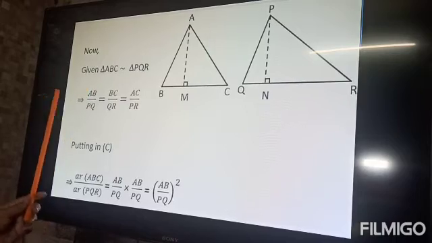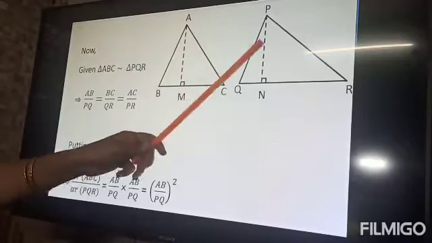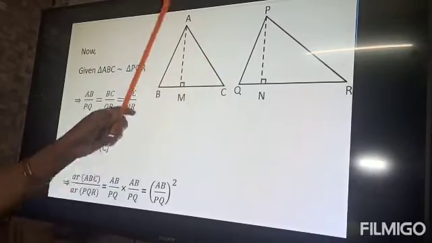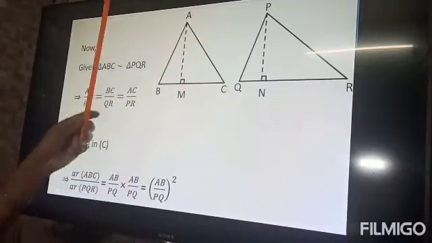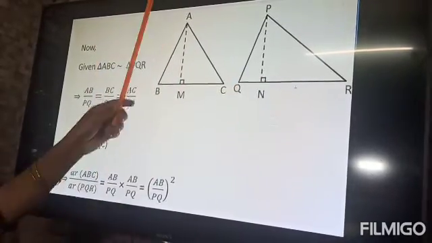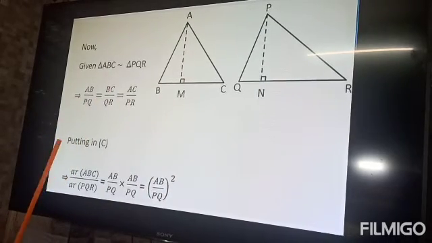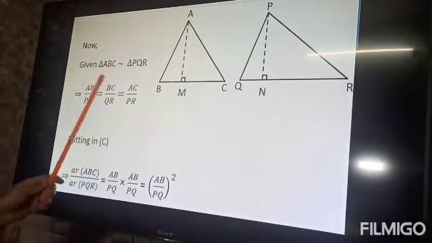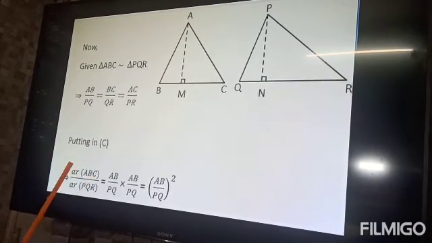That we proved in the previous theorem. If these two triangles are similar, then their corresponding sides are proportional: AB by PQ, BC by QR, AC by PR. Then we replace these values in equation C.